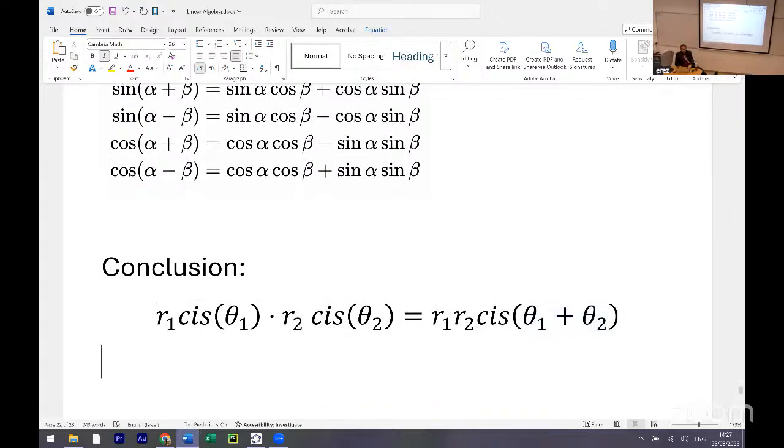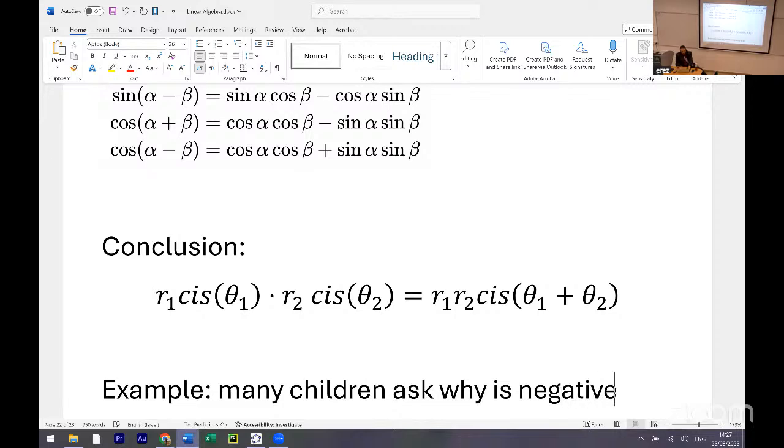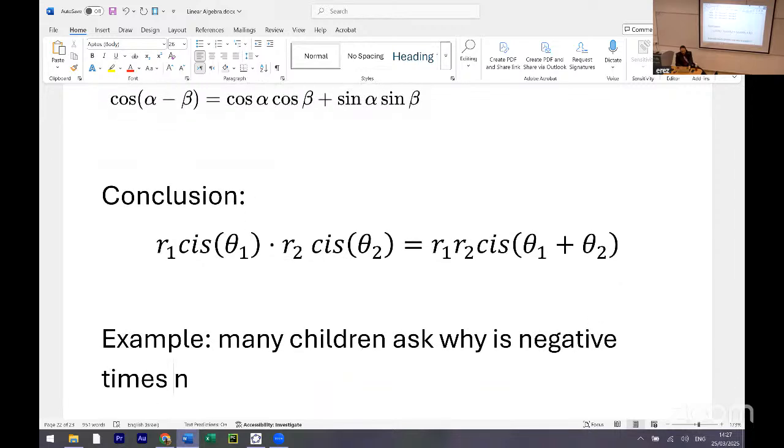For example, many children ask, even big children, many children ask why is negative times negative positive, right?